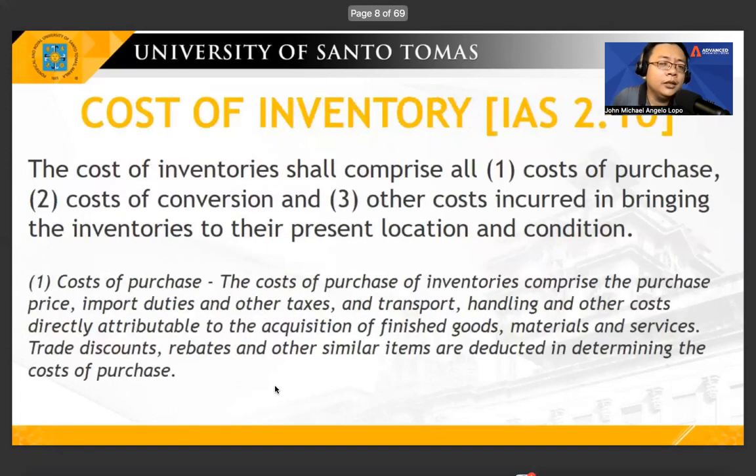Under IAS number 2.10, the cost of inventories shall comprise all costs of purchase. Later, I will discuss the cost of purchase, the cost of conversion, and other costs incurred in bringing the inventories to their present location and condition. What does cost of purchase mean?